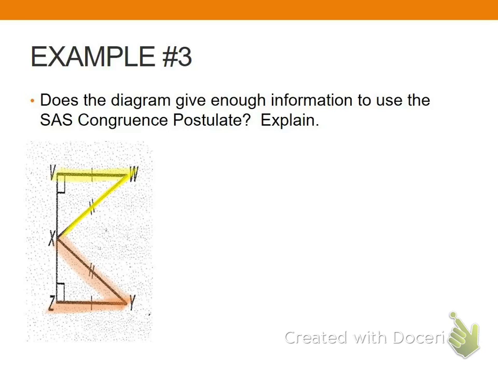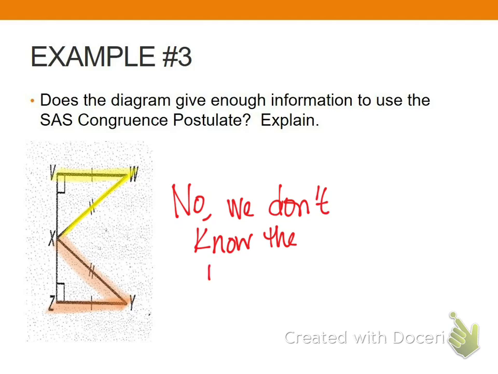We don't write bad words and we don't write bad words backwards. So side angle is also not a thing. If they have the angle in between the two sides, our angle better be between the two sides. So no, we don't know the included angles.